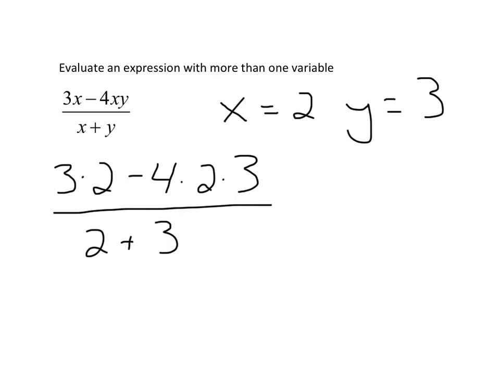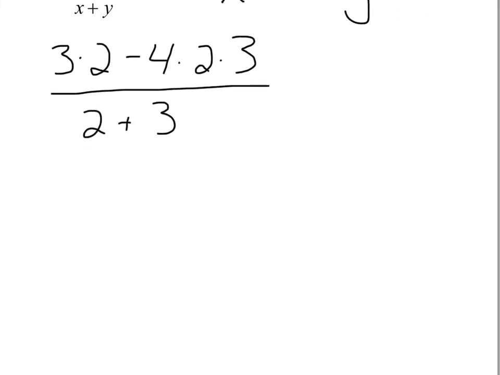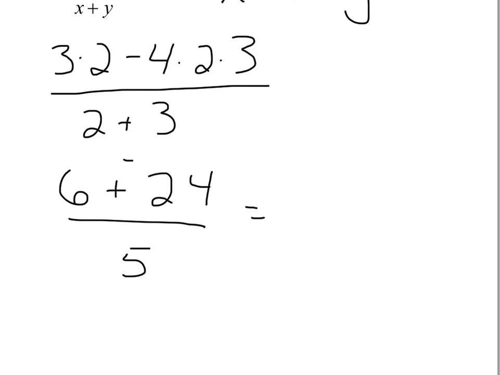I'm going to do everything in the numerator and everything in the denominator, and then I'll divide them after I get them all worked out. So on the top, I have 3 times 2, which is 6, minus 4 times 2 is 8, times 3, 24, over 5. Make that into adding the opposite, so that's going to turn into negative 18 in the numerator. On the bottom, I keep the 5, and that's the answer to that one.